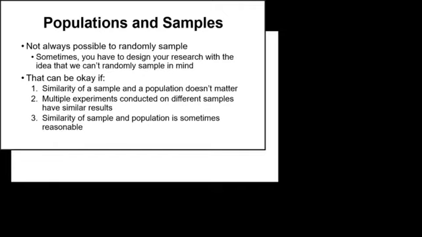And the last point here is that sometimes it's okay not to have a random sample if the similarity of the sample and the population is reasonable. This is really important for stuff like brain scanning studies. If all you care about is the general layout of the human brain, then it doesn't really matter which humans you're looking at.